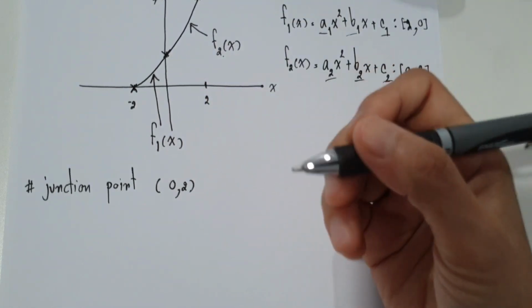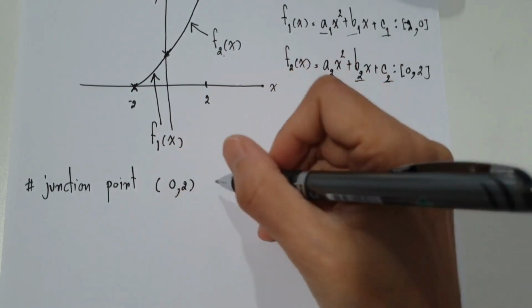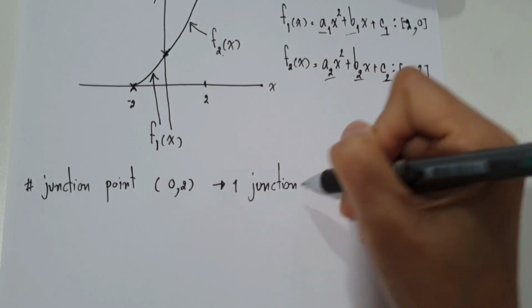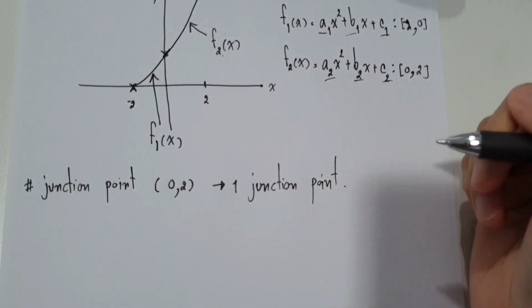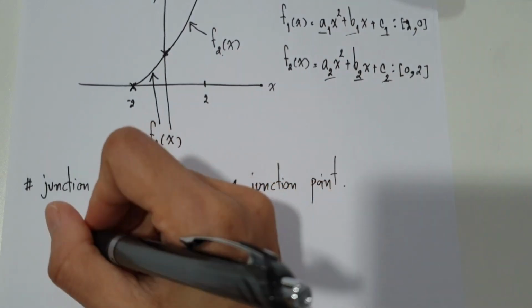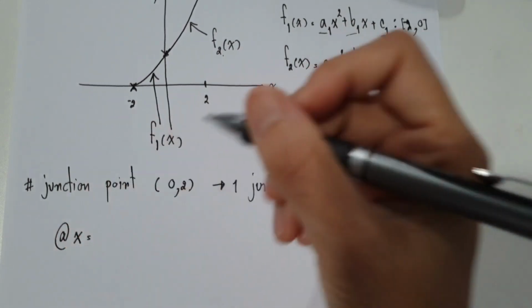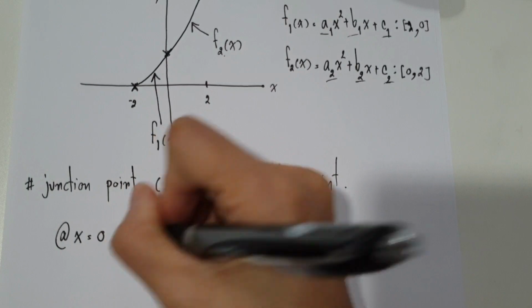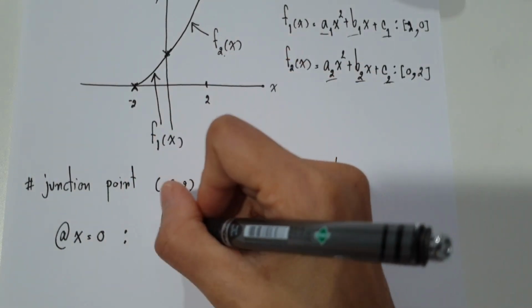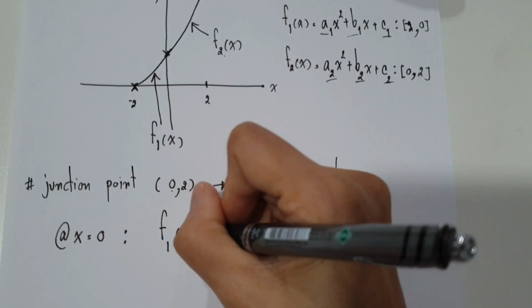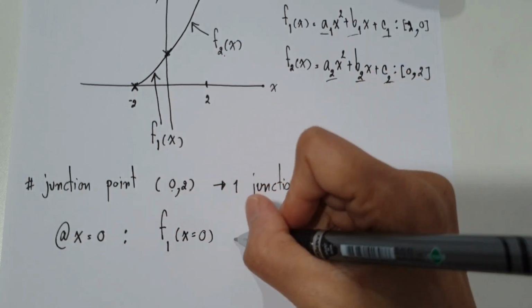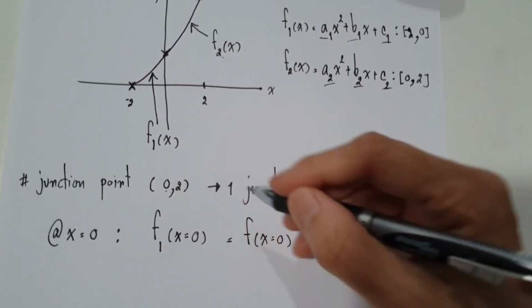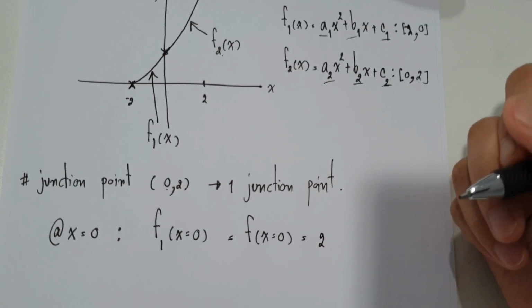So we have only one junction point. At the junction point, when x equal to 0, f1(0) is equal to f(0). So it would be 2, right?